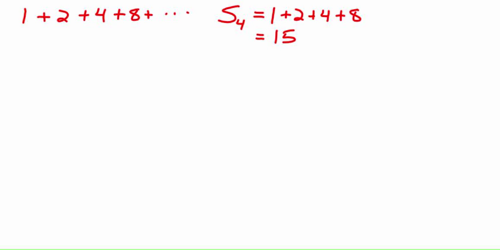So starting with this, let's look at what all of our terms would be, looking at it generally. If we say S of n, remember this is the sum of however many terms we go to, it's going to be u of 1 plus u of 2 plus u of 3 plus u of 4, all the way up to u of n.